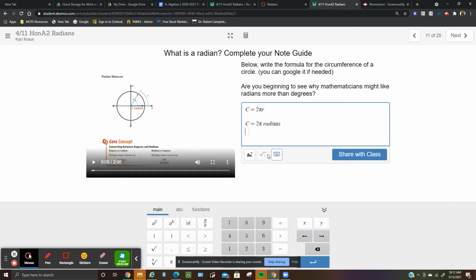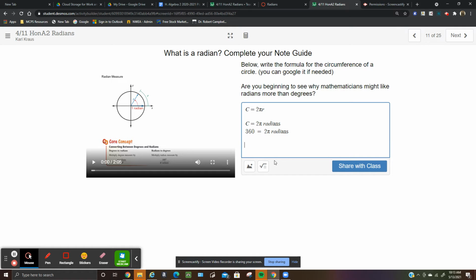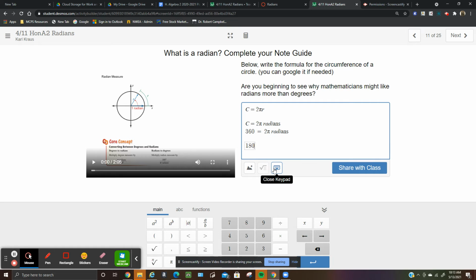So we can say 360 equals 2 pi radians. And we can also say that 180 is equal to pi radians.